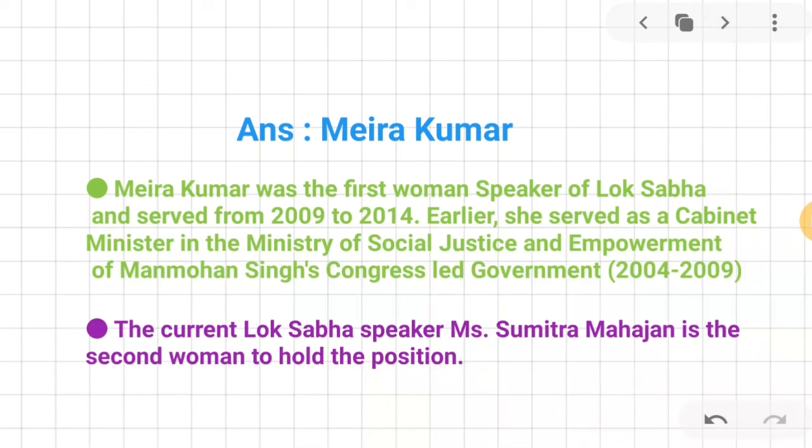Remember that Meira Kumar was the first woman speaker of Lok Sabha, and she served from 2009 to 2014. Earlier, she served as a cabinet minister in the Ministry of Social Justice and Empowerment in Manmohan Singh's Congress-led government. And Sumitra Mahajan is the second woman to hold the position. Okay.